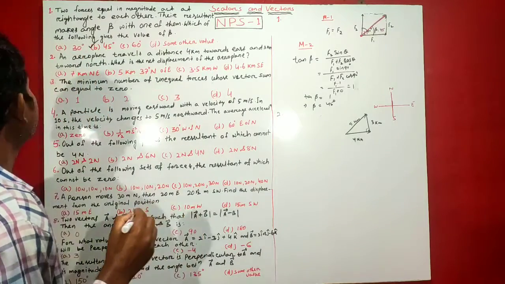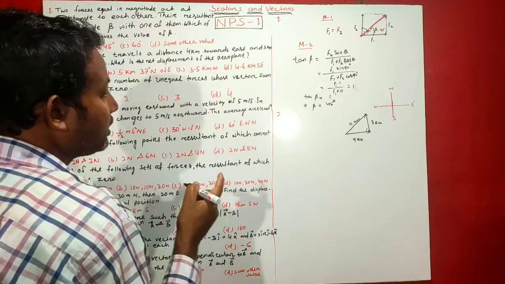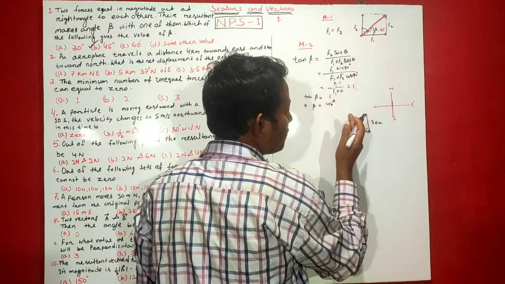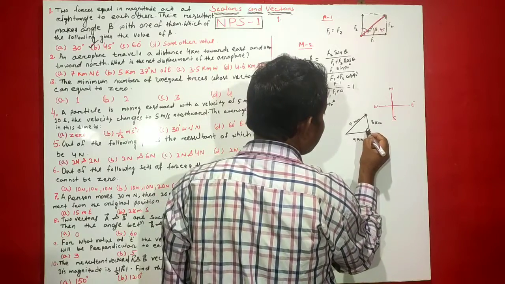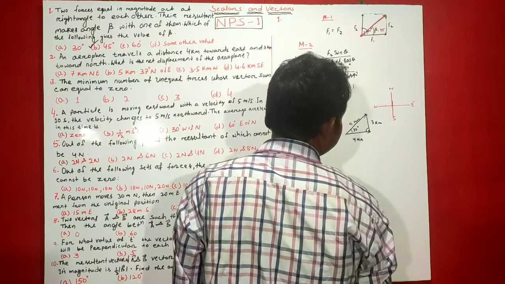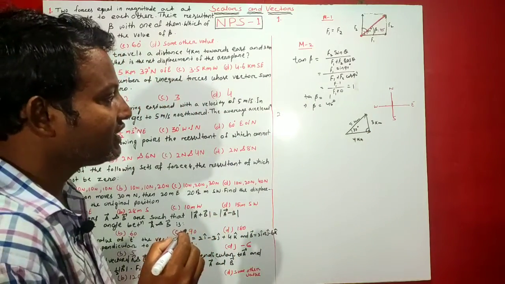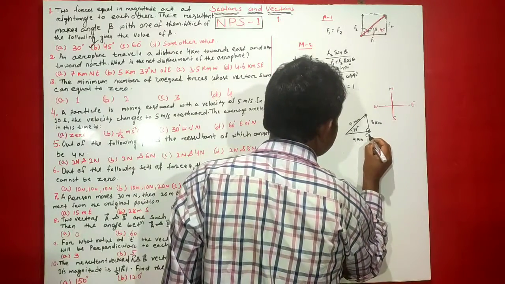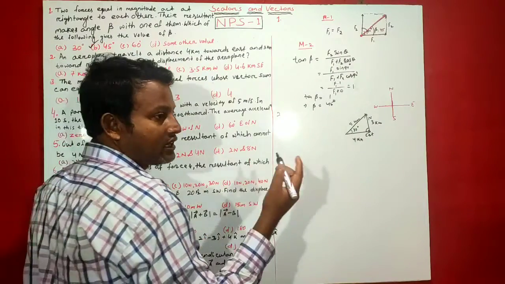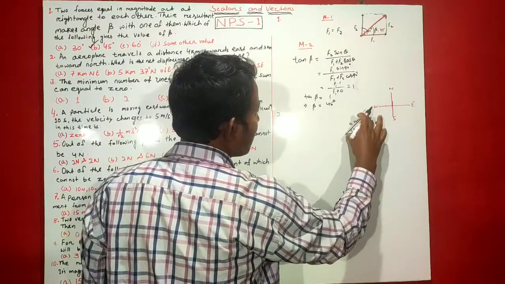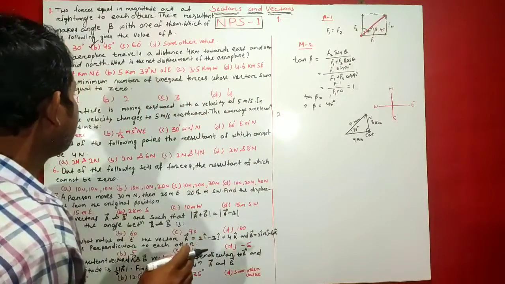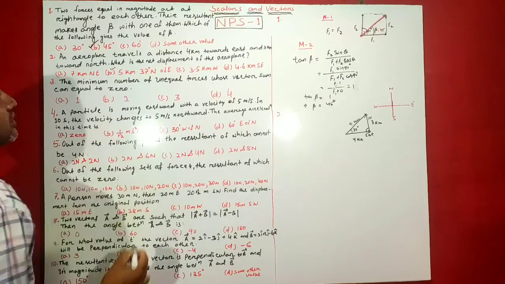The direction follows our famous right angle triangle, 3, 4 and 5. This will be 37 degrees. This is east and this is north. So our answer will be 5 kilometers, 37 degrees north of east. This is our answer.